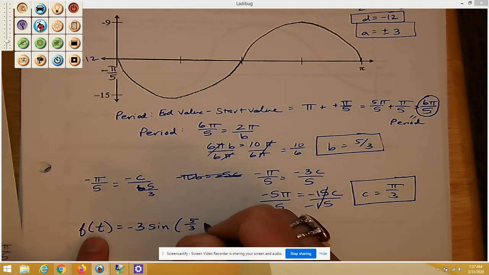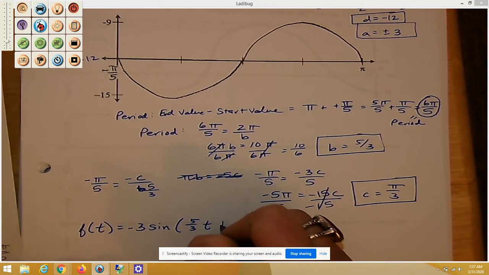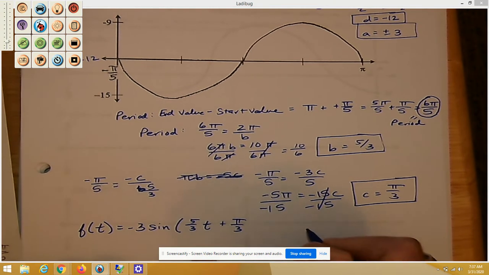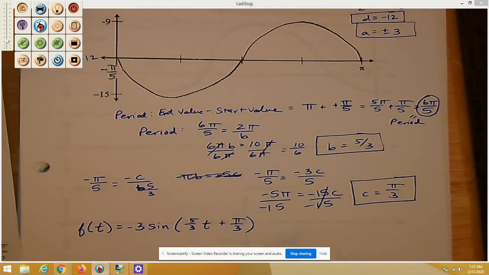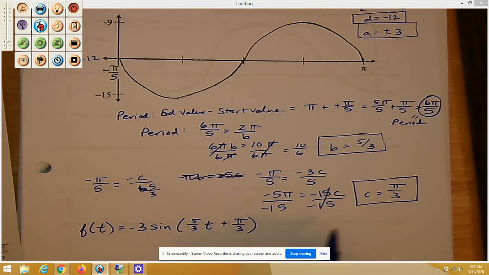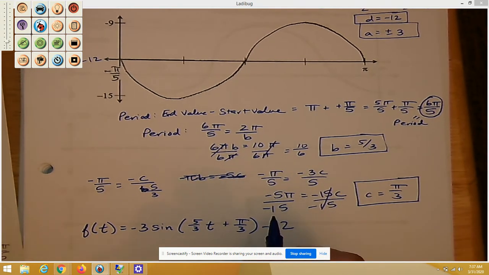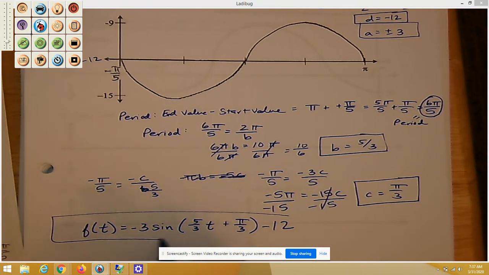So I chose the variable t, so I have to have the variable there. Plus pi over 3. And remember in the last video, we talked about that the phase shift is not negative pi over 3. So we actually have to go through and do our math to figure that out, minus 12. And that is one way to write our sine function.